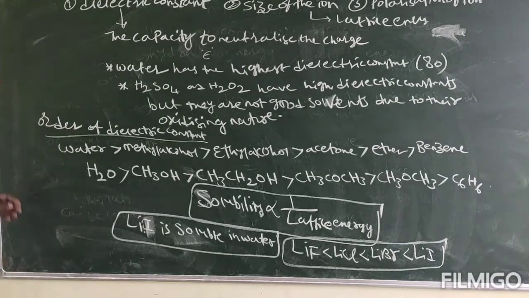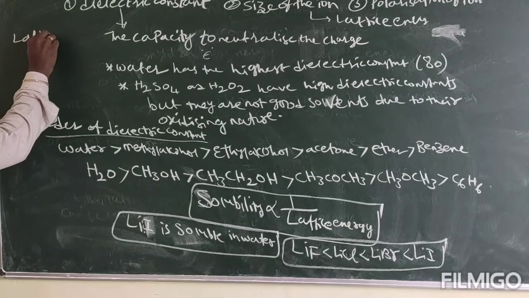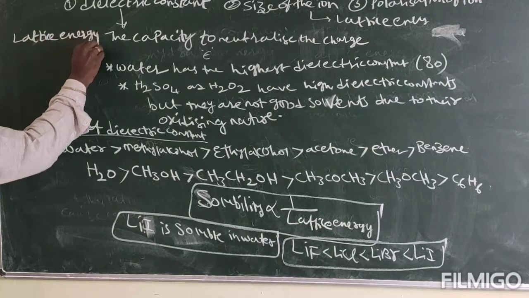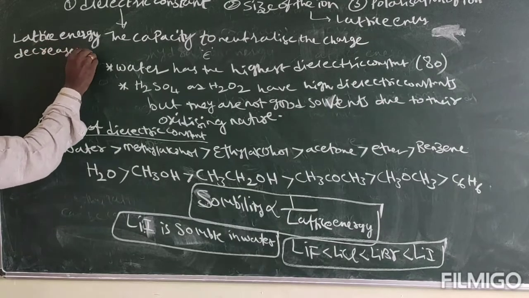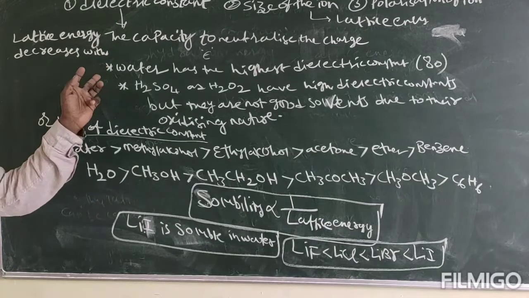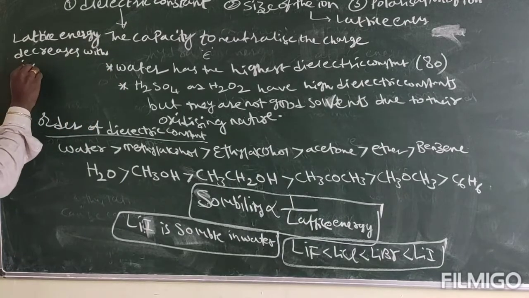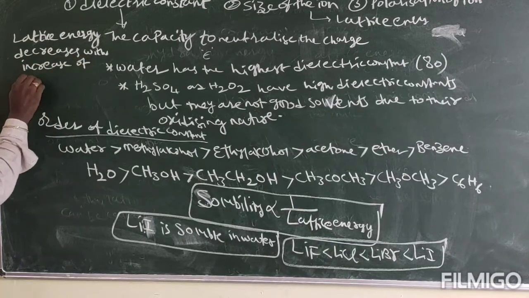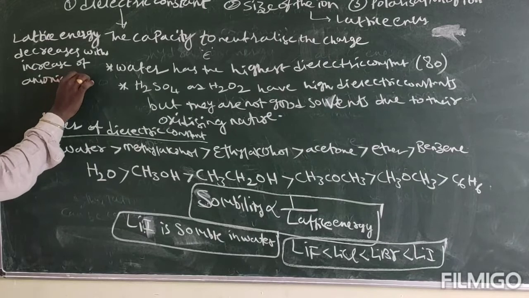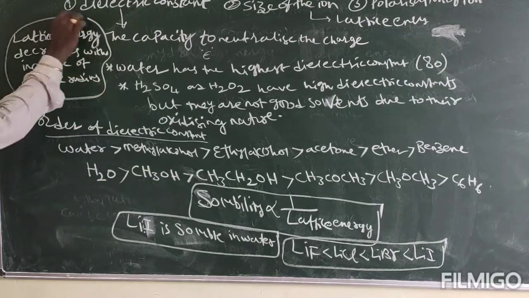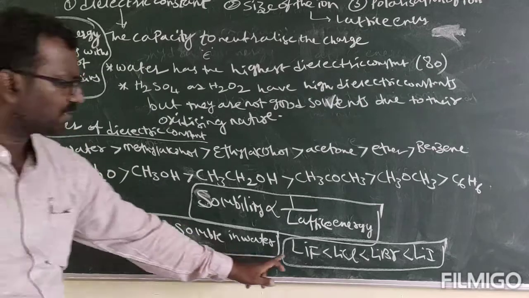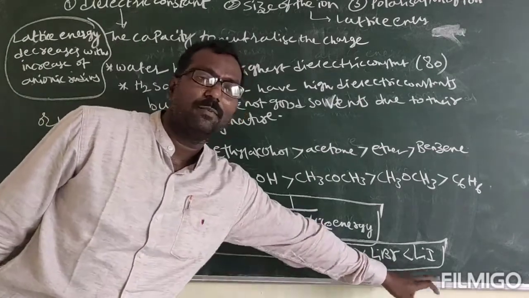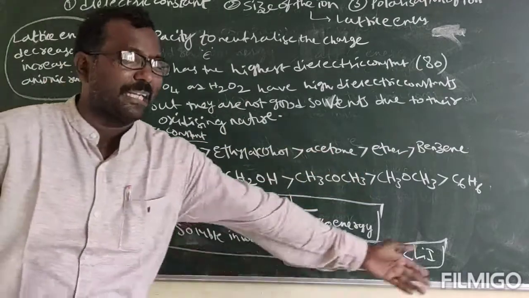Iodine has more radius, so the lattice energy decreases.